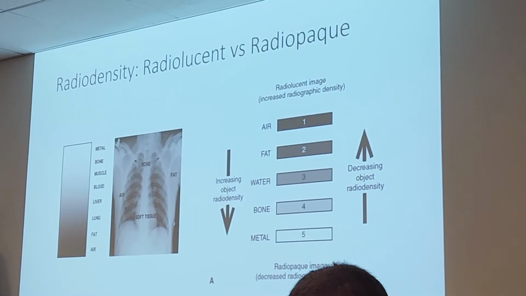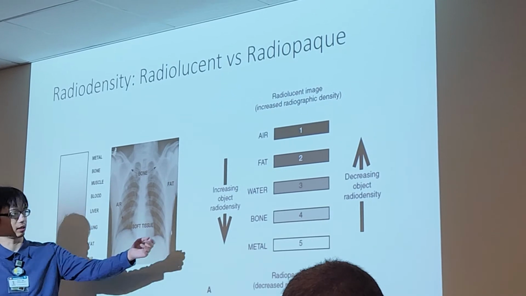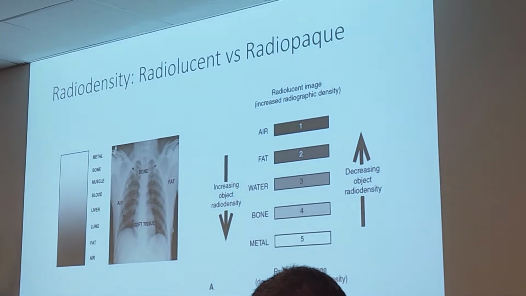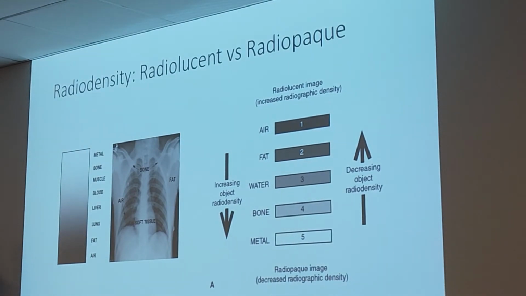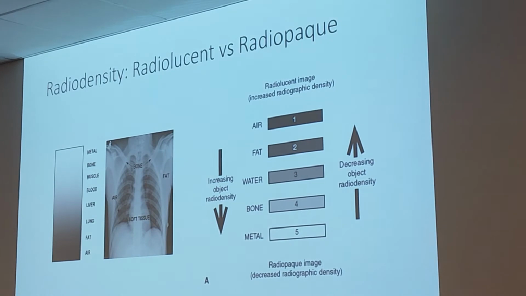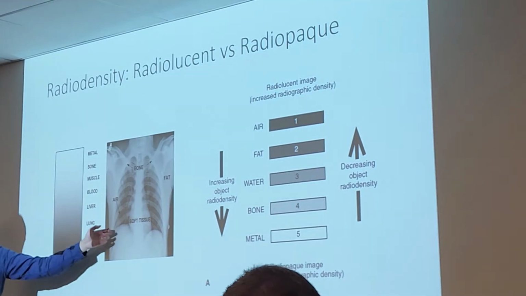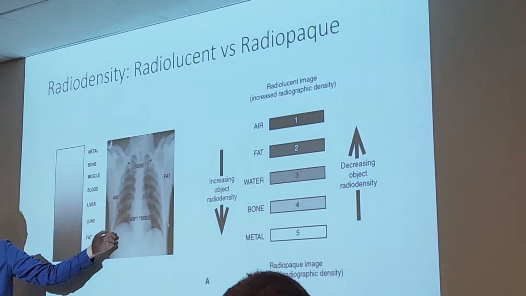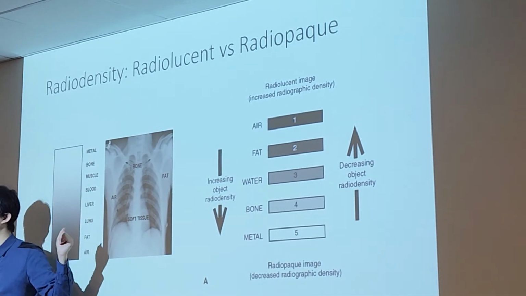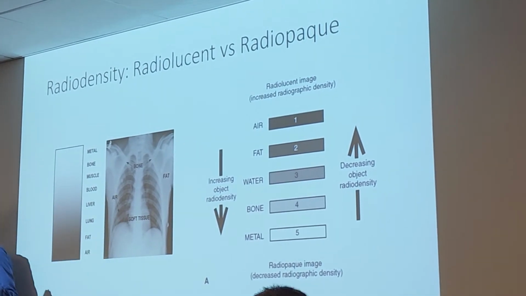Okay. So radio density here, what we're talking about is the object has a lot of mass, a lot of matter in it. It blocks the X-rays from going through. So that is our radio density. But if we're talking about the density of the image, the density of our radiograph, our radiographic density, the areas that got a lot of X-rays are going to be considered dense.